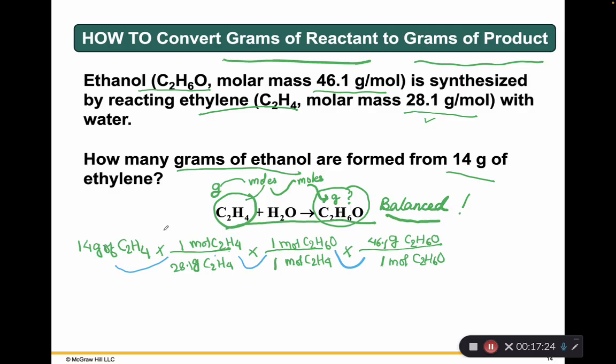These are the different steps we took. Now, to cross-check whether you have set up correctly, you can check that grams of C2H4 cancel out, moles of C2H4 cancel out, and moles of C2H6O cancel out. We are left with grams of C2H6O on the top.